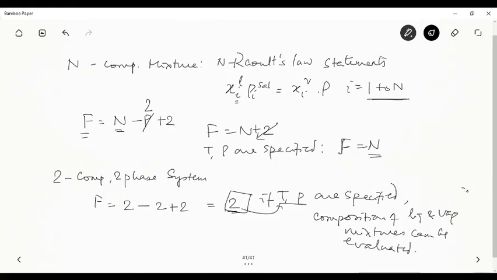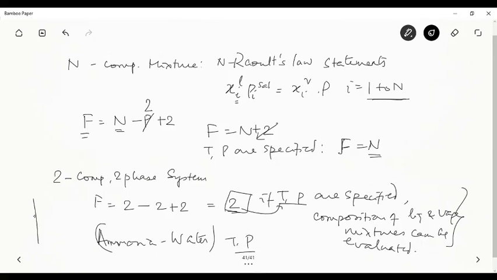So this is a very significant result, which basically says that suppose I have an ammonia water mixture, okay, and I specify the temperature and pressure.